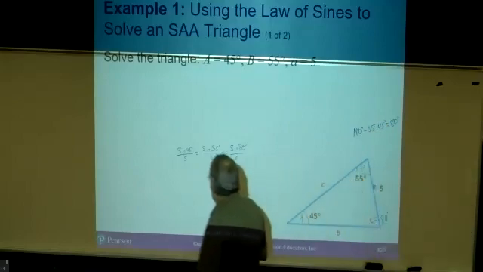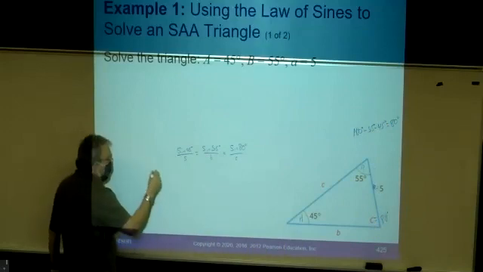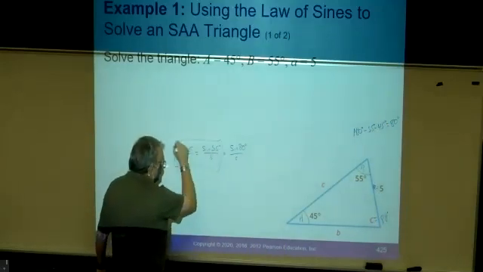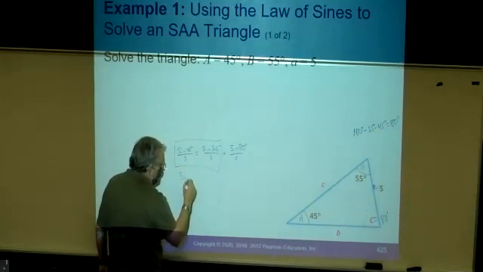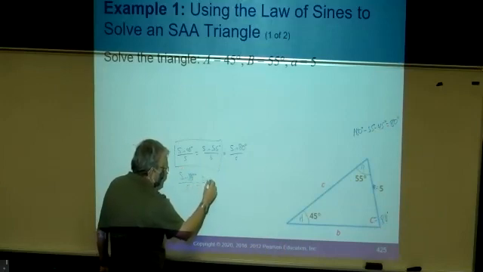So the two equations I'm going to use to solve here are this one and the sine of 45 degrees over 5 equals the sine of 80 over C.